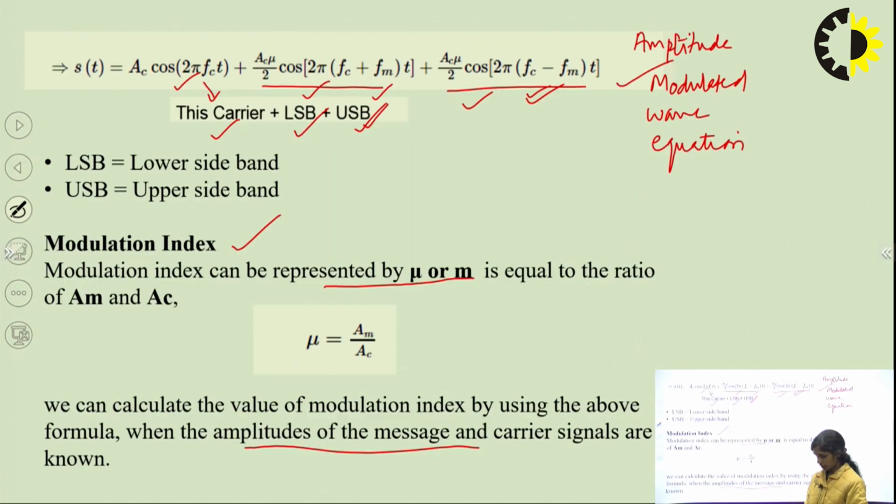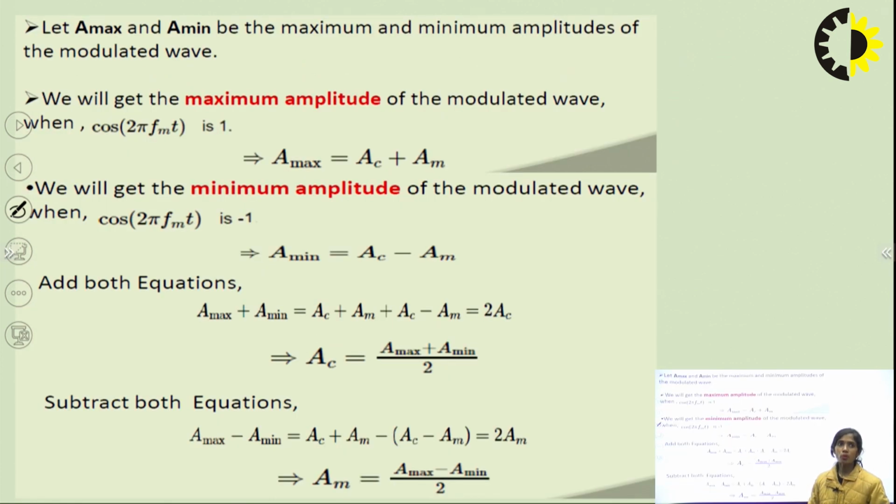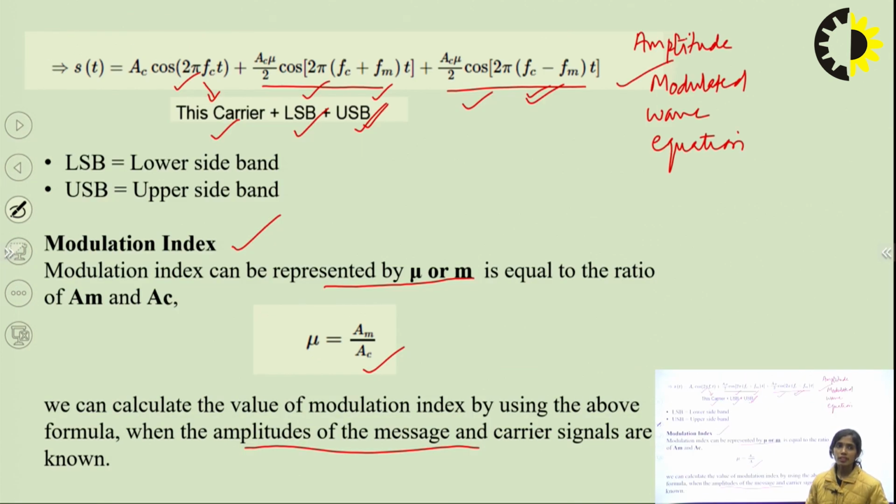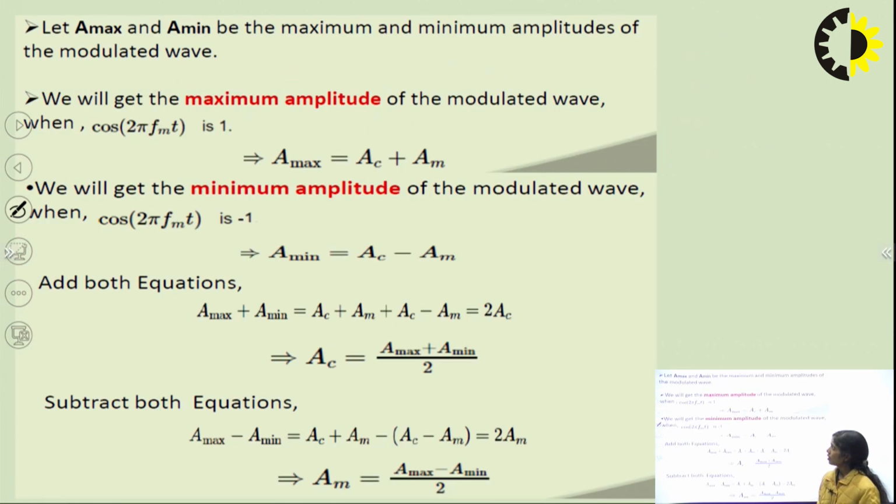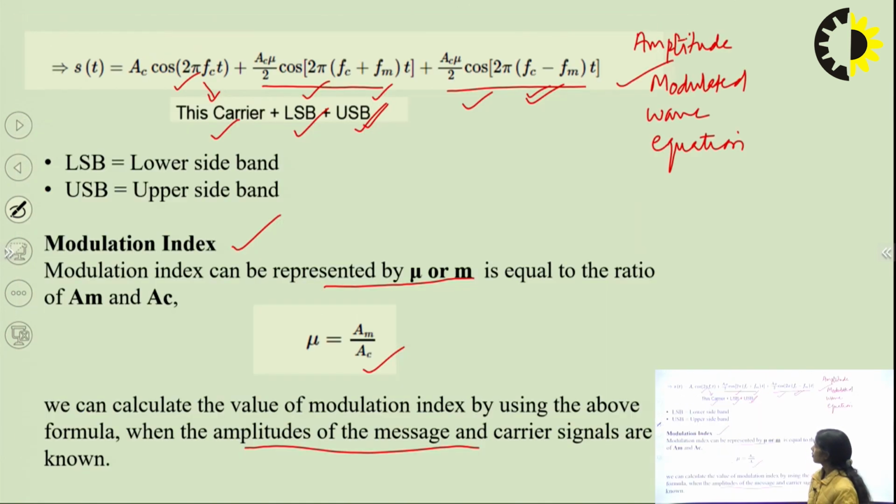So this can be represented in this way. Also, the amplitude modulation index can be represented in another formula form, which is represented by the graph, that is the maximum and minimum value of the modulated wave. So we have two values, maximum and minimum, which are represented in the graph.